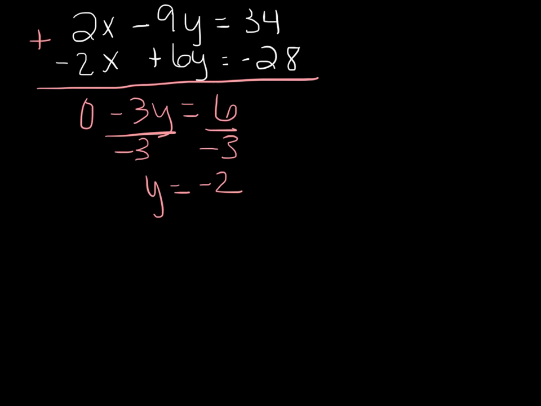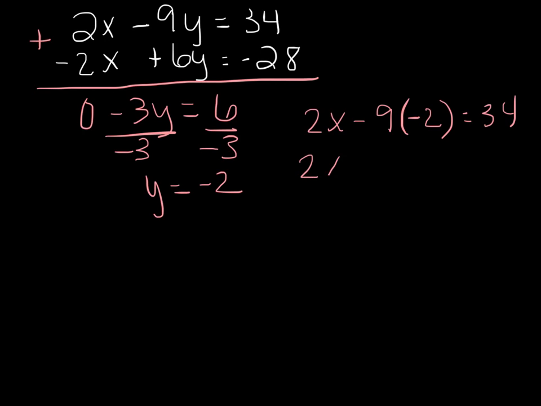Awesome. Now we have our y, but we also need the x. So we'll take this y and plug it into just one of the equations. It doesn't matter which one, because we know that they both have the same x for the same y, because that's where they intersect. So we take 2x minus 9 times our -2 that we just found equals 34.